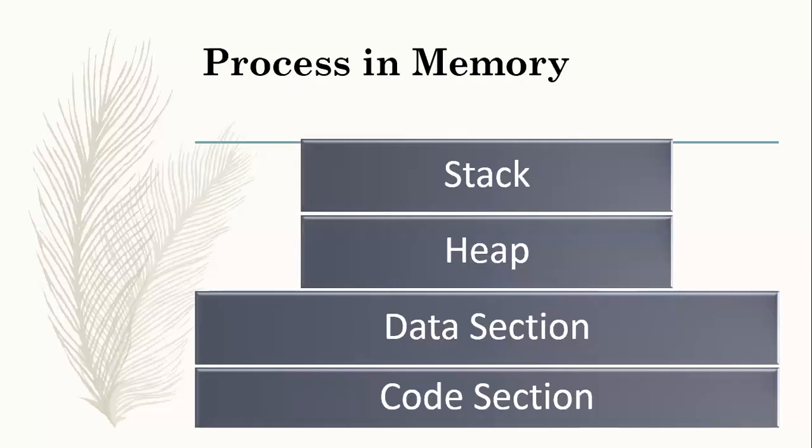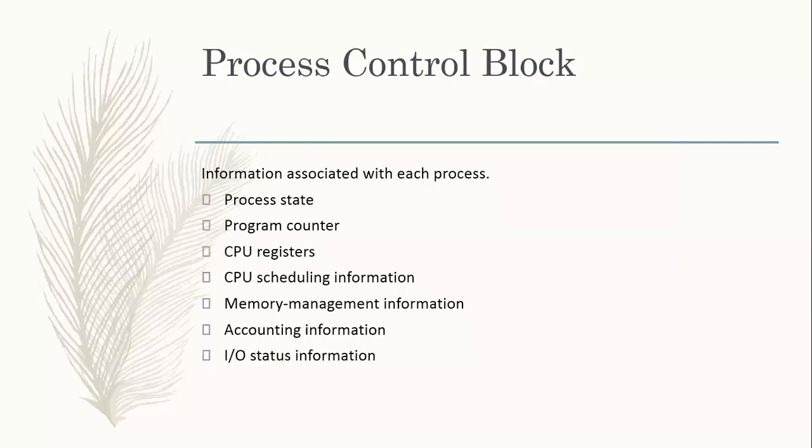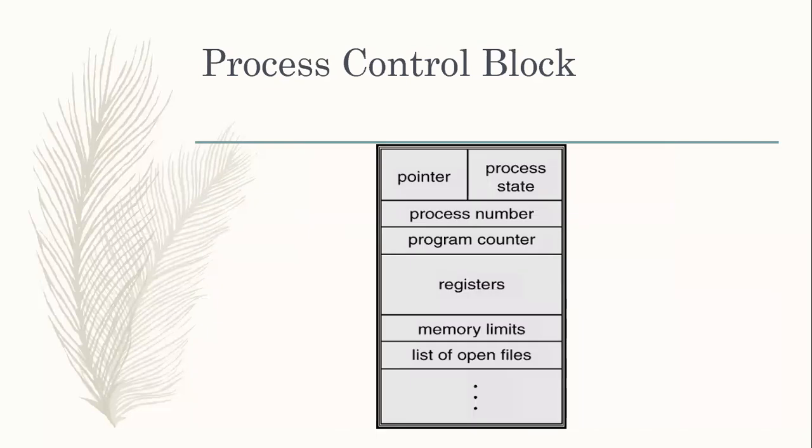So we had earlier said that in a general way we have four different sections. Now here we move into more detail about what actual information any process holds. Now here is one structure.